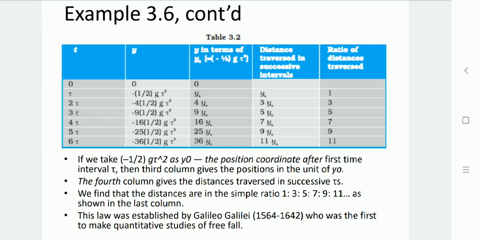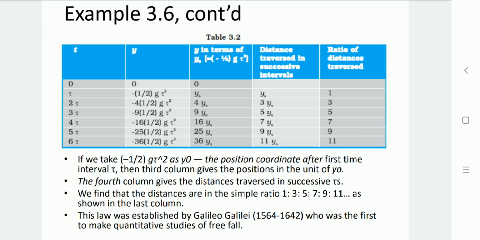Now let us replace t equal to 3 tau. So it would be minus 9 times 1/2 g tau square, so that is equal to 9y0. If we take the difference 9y0 minus the above distance 4y0, it would be 5y0. So that ratio we are having is 5, that is 5y0 divided by y0.